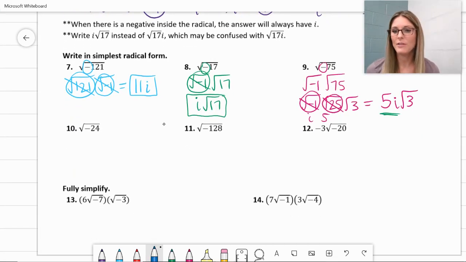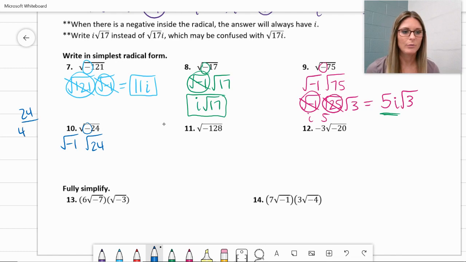Number 10, the square root of -24. Pesky negative. My final answer will have an i in it. I'm going to separate this as a -1 with positive 24. Now, can I break down 24? Let's do 4 and 6. There's also 3 and 8, but neither of those are perfect squares.